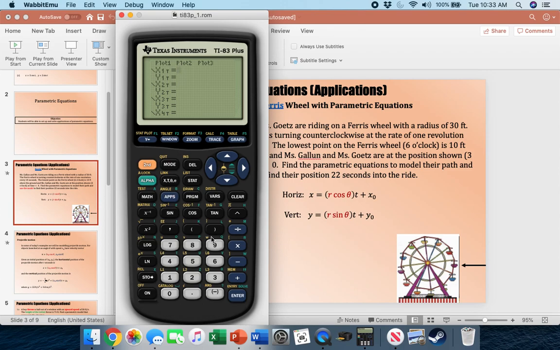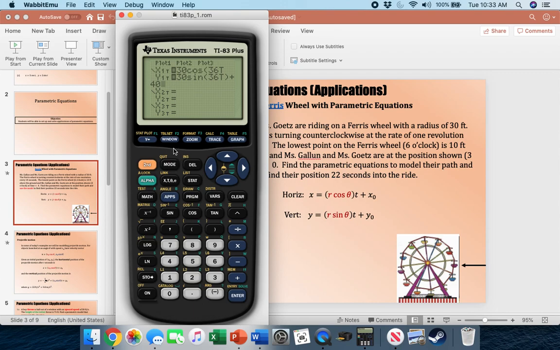My x equation was 30 cosine of 36t plus 0, and 30 sine 36t plus 40.